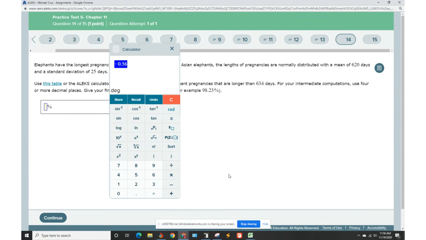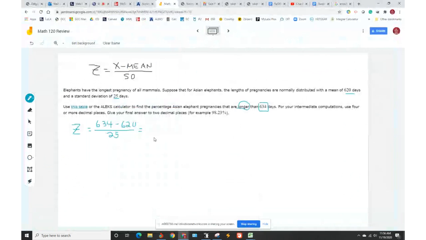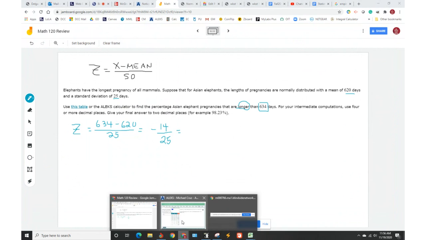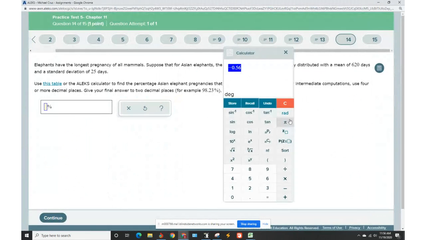I'll do it over here on the board. So this is going to be negative 14. Whoops, what happened? Must put in a decimal. So negative 0.56. So that was right.